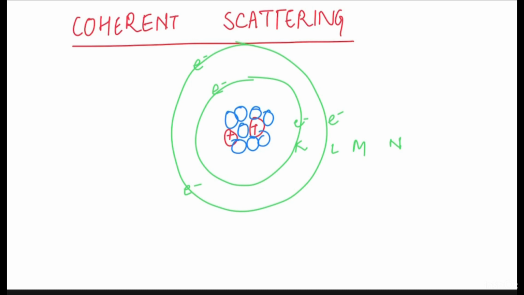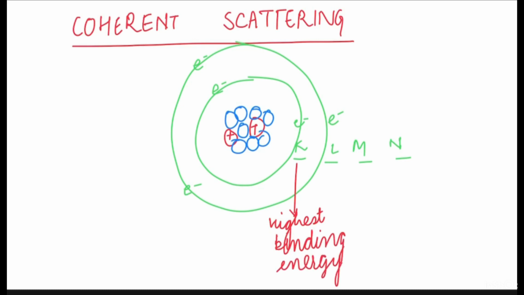Amongst all this K, L, M, N, the K shell has the highest binding energy. So it takes more energy to remove an electron from the K shell as compared to the L shell.